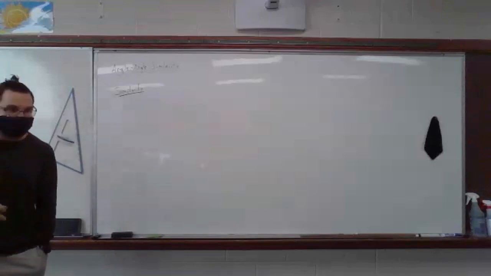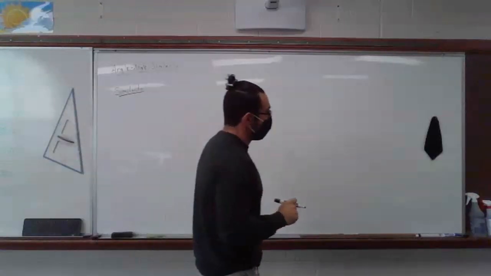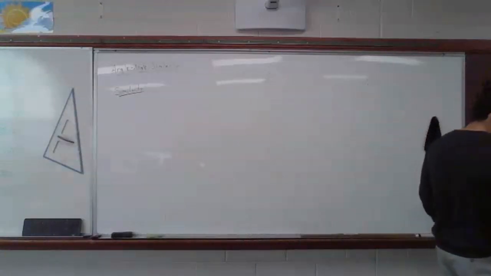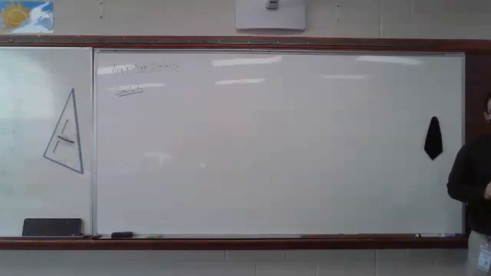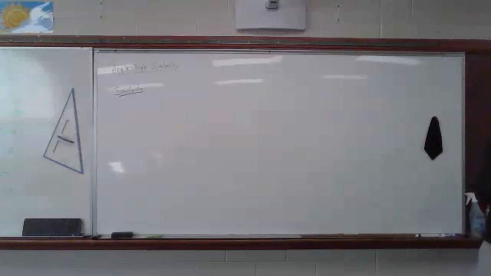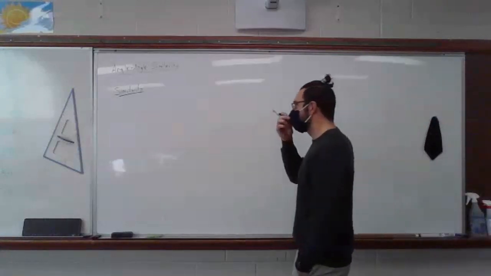If you need to go back to lesson 8, what 2 things do we have to know for similarity? It was the first thing we wrote down. Remember, you're on video. It's going to help if you don't just sit there. So what were the 2 things that we needed to know to prove similarity? Caitlin.